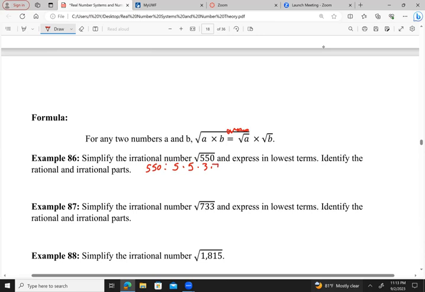So I do have a 5 squared. So the square root of 550 is the square root of 25 times the square root of 22, which is 5 times the square root of 22. 5 is rational. Square root of 22 is the irrational part.